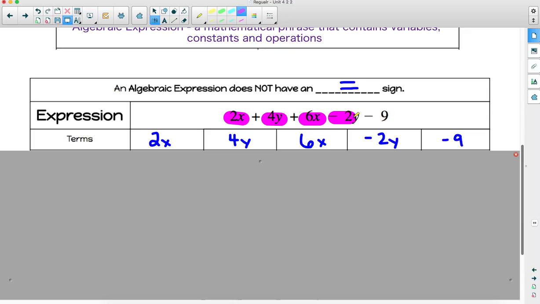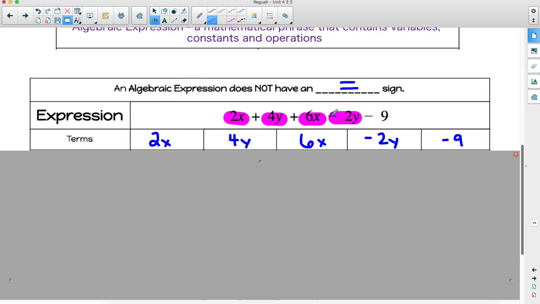Now I did attach the negative sign onto this next term, so I have negative 2y. I did attach this because it is a negative, and the reason is that if we think back to our last unit when we were adding and subtracting integers, we could add the opposite.